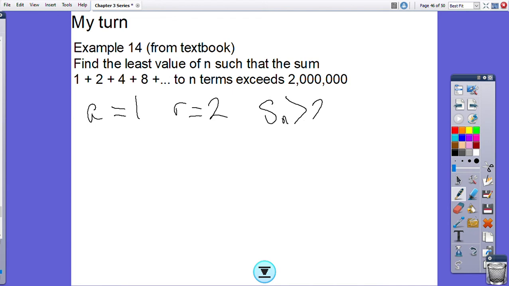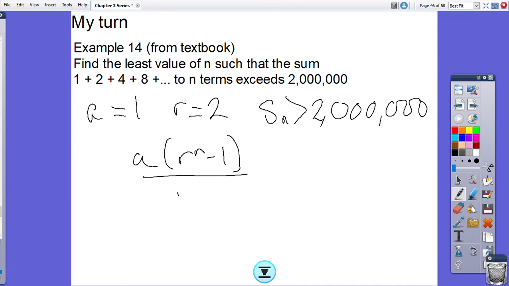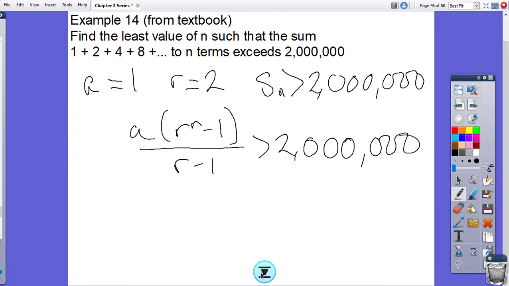and we know that Sn is bigger than 2 million. So you've got a(r^n − 1)/(r − 1) is bigger than 2 million.